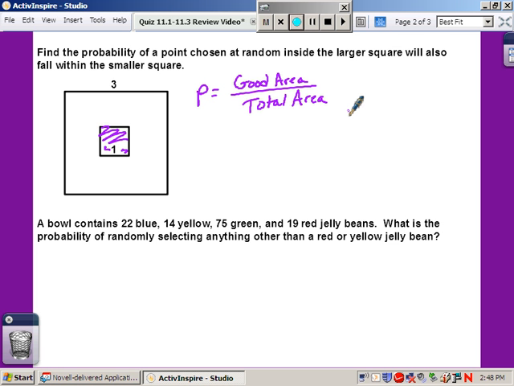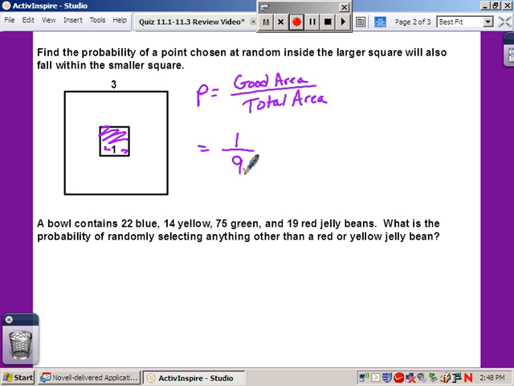So this is just a square. Area of the square is side times side, side squared, or length times width, but they're the same. So no matter what you do, the square in here is going to be 1 times 1. So the good area is just 1. And the total area is 3 squared, which is 9. So this probability is just 1/9. All there is to it.